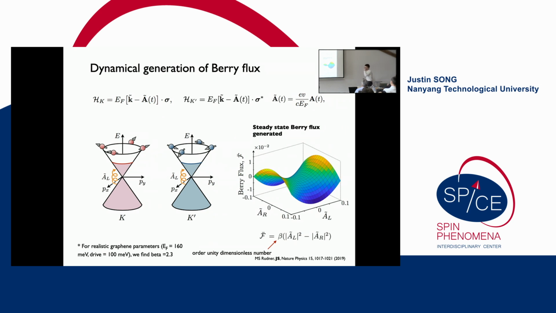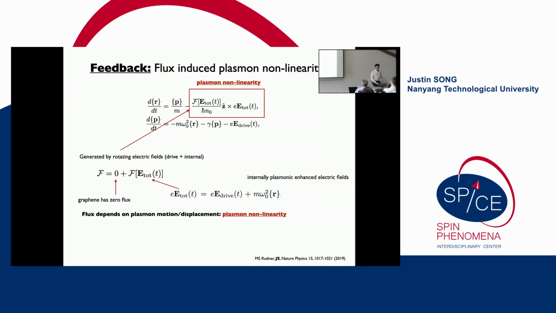The key point is that when we shine circularly polarized light on a system, we can generate a Berry flux. In this case, we're looking at it generating on the Fermi surface. When you shine circularly polarized light, this will count the pseudospinors, and you'll get some kind of Berry flux that depends on the intensity of the left-hand minus the intensity of the right-hand modes. The key behind having the spontaneous symmetry breaking is nonlinearity, right?